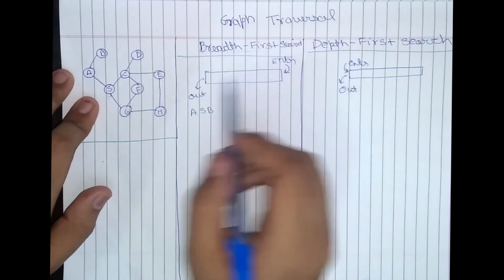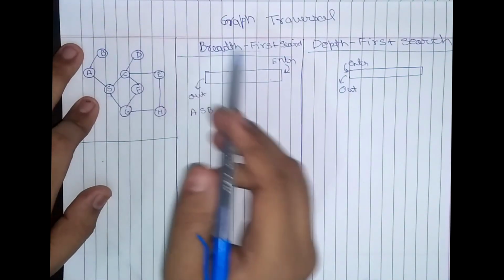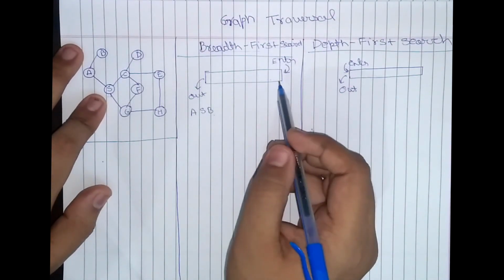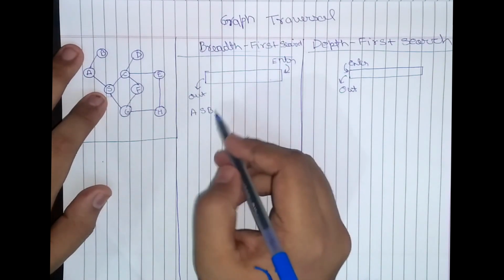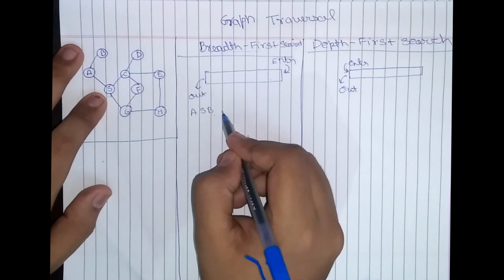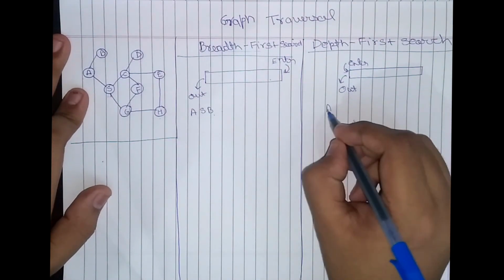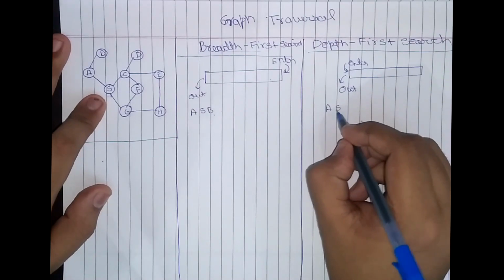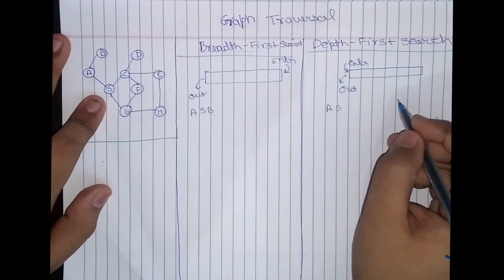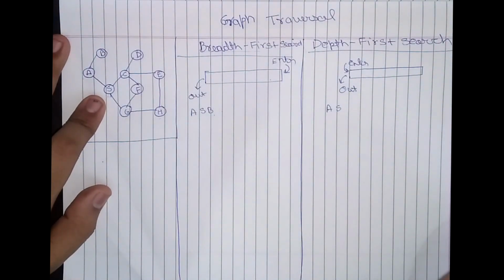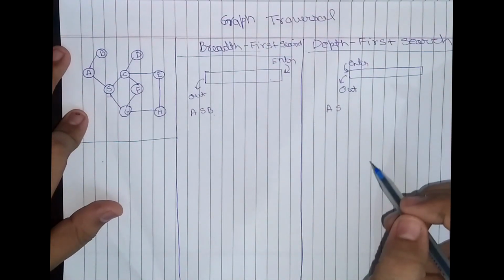And then when we check out S and B, we will check out S's children. So if we remove S, then we can check out its children later on. While in depth first search, if we check out A, then we have to check out S and then we'll have to check out S's children.